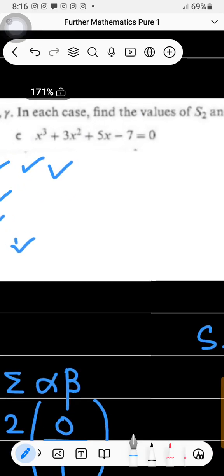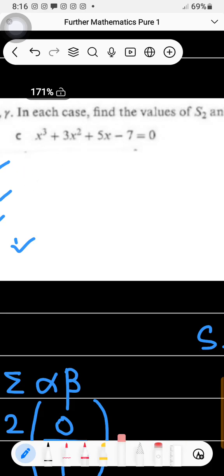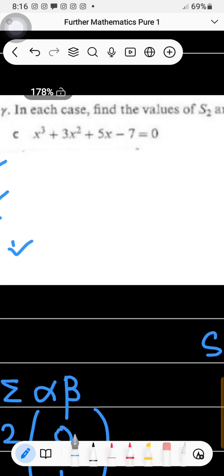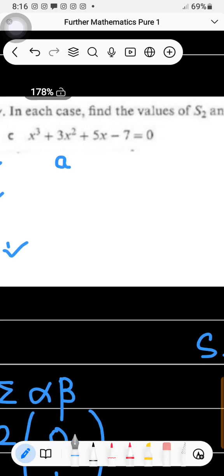In part C, again we will write A, B, C, D first. A is 1, B is 3.